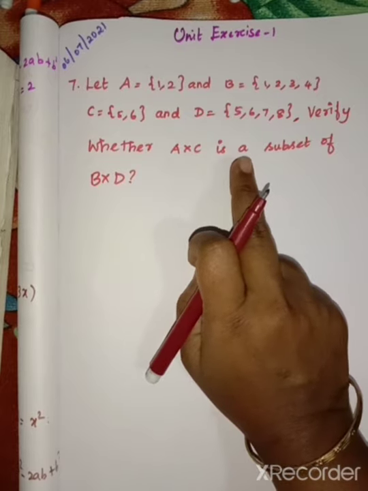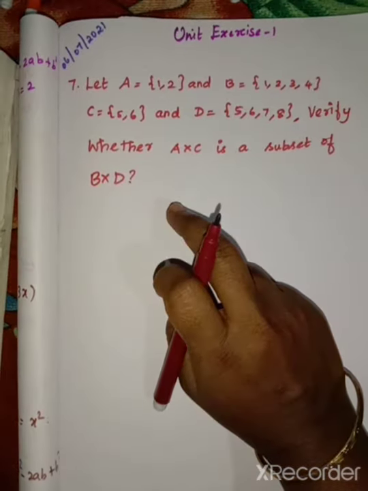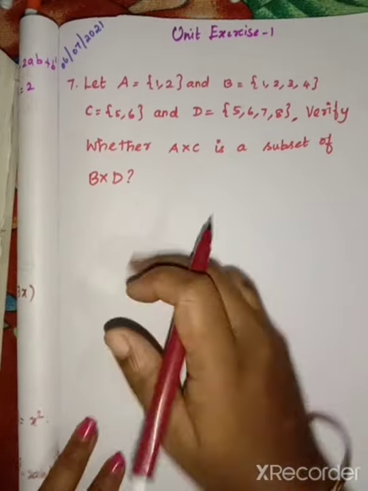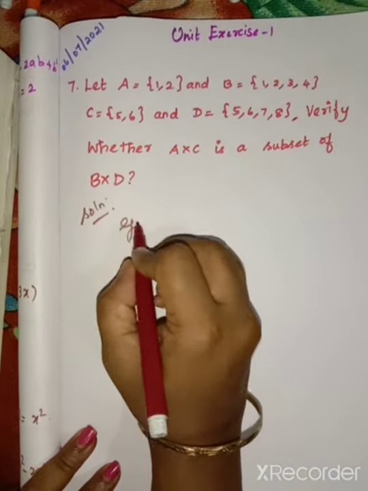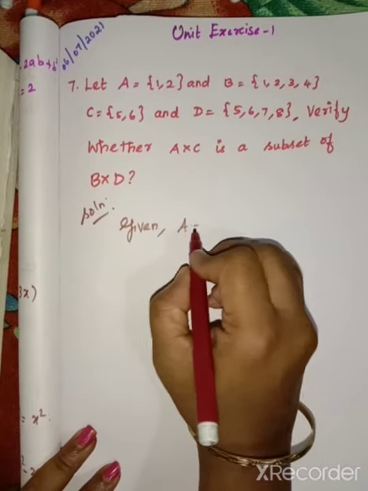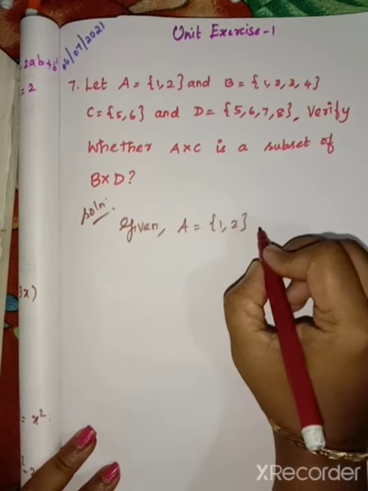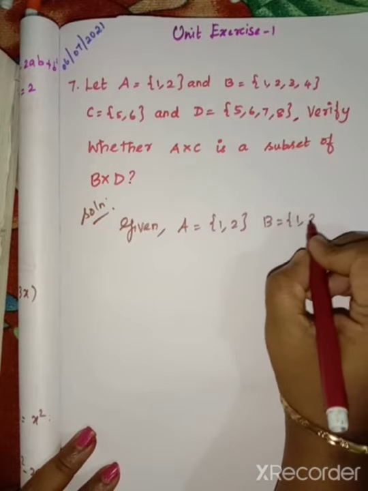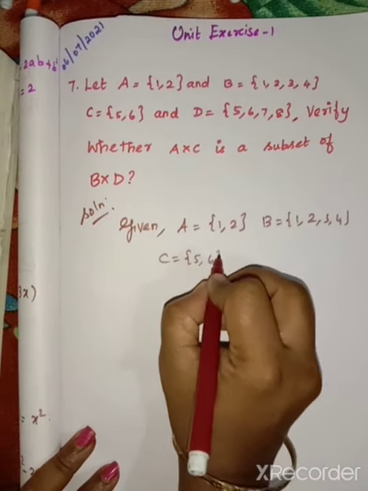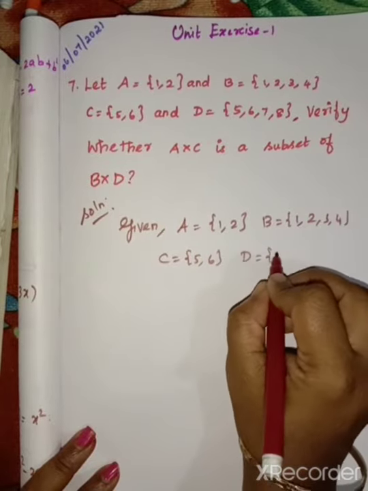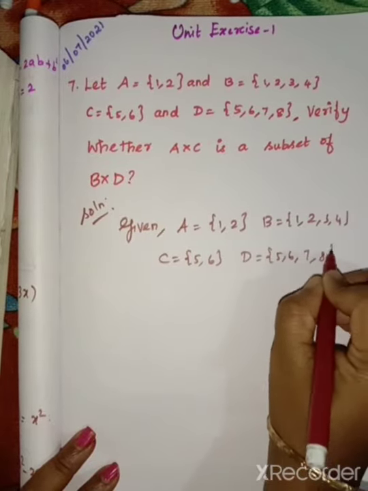Verify whether A cross C is a subset of B cross D. So here we want to write the given. So here the four sets are A equal to 1, 2, B equal to 1, 2, 3, 4, C equal to 5, 6 and D equal to 5, 6, 7, 8.